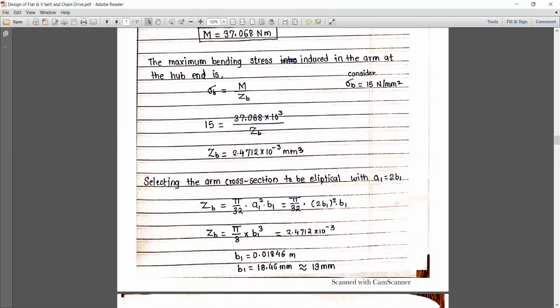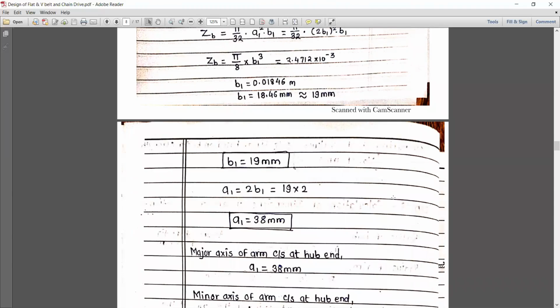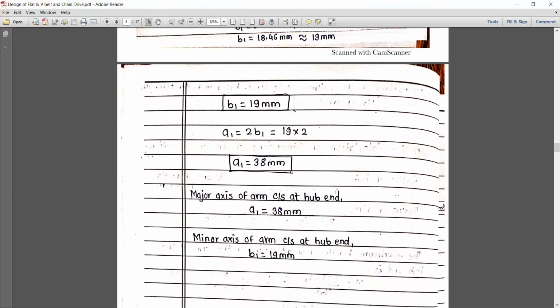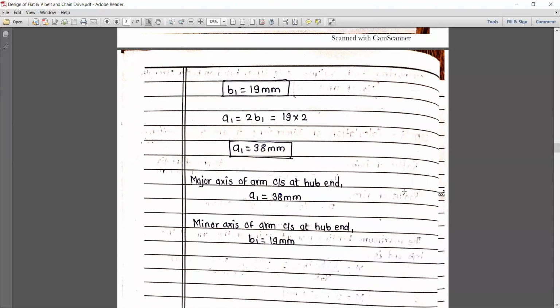Putting all the values, B1 is equal to 18.46 mm, approximately 19 mm, so A1 is equal to 38 mm. So the major axis of the arm cross section at the hub end A1 is 38 mm, and the minor axis B1 is 19 mm.